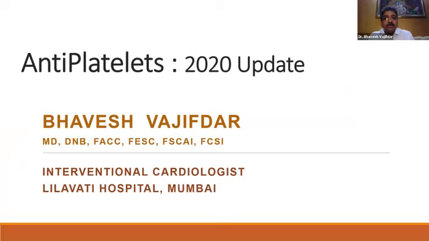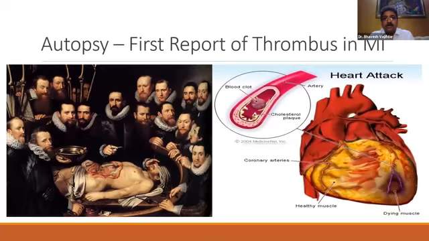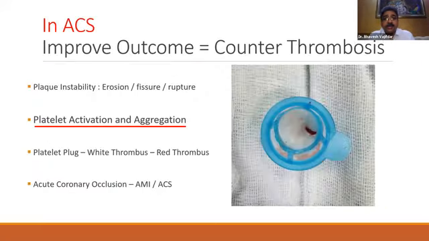Just coming to the basics, we all know that thrombus is the cause of acute coronary syndromes, and thrombus in the coronary arteries is the main reason for the high mortality and morbidity of patients with coronary artery disease. This was seen many centuries ago, and even now we continue to see when we do our primary angioplasty, we see the clot which we remove at times.